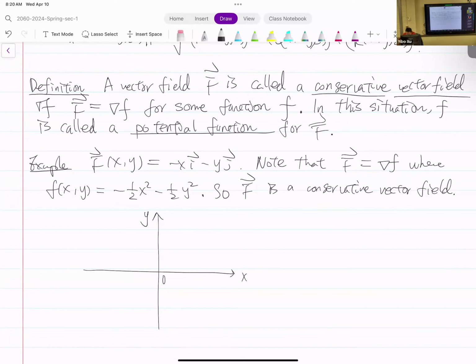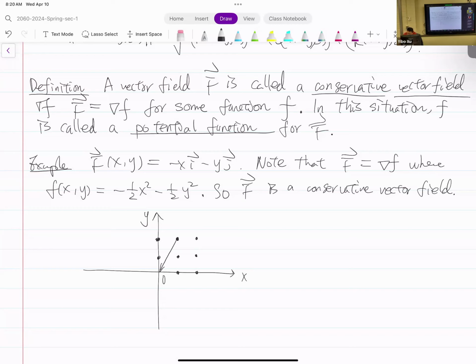So yeah, let's just draw a bunch of integral points. And the pattern is kind of straightforward. Because let's say for this point, x equals 1 and y equals 2, right? For this 1, 2, the vector for this vector field is -1, -2, right? So that's just from starting from 1, 2, we're just drawing the vector directly towards the origin, right?